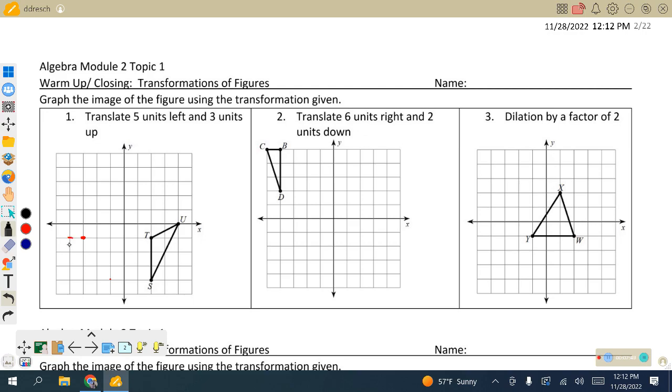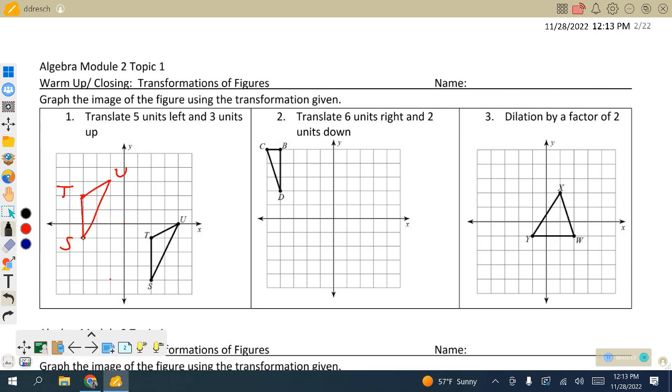And there is my new S. Take the T and do the same thing, right? Everything follows that same direction. 5 units left, 1, 2, 3, 4, 5, 1, 2, 3. And then take U. 1, 2, 3, 4, 5, 1, 2, 3. Connect it.